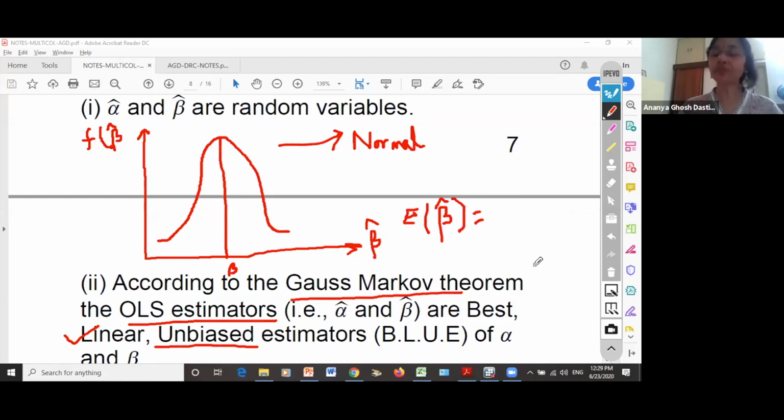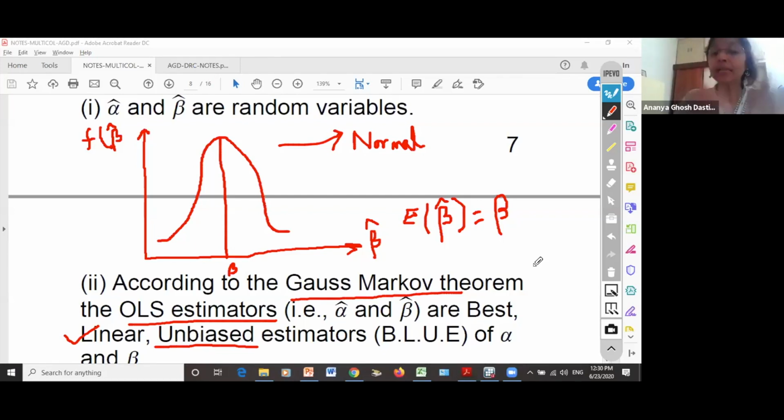Now, if you remember in our Q&A sessions prior to this session, I had distinguished between beta hat, which is a random variable, and beta, which is an unknown constant. Beta is the slope of the relation between wage and education that we were trying to estimate, which we did not know. So it is a number that we do not know. Please remember that.